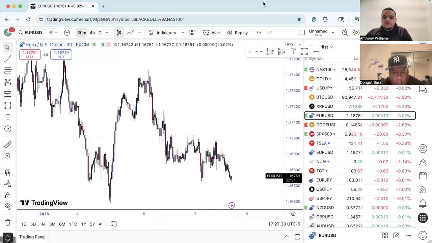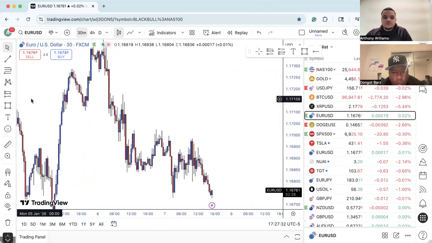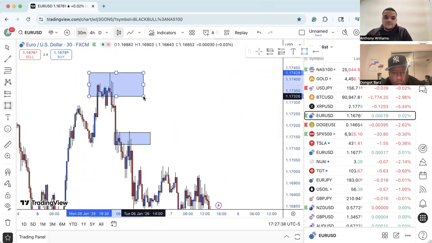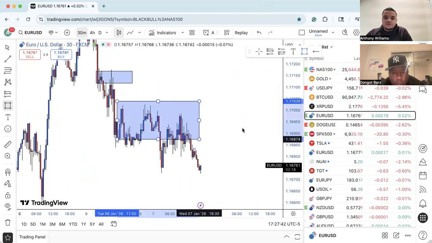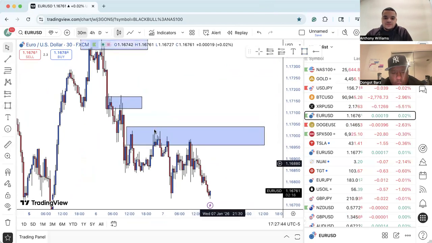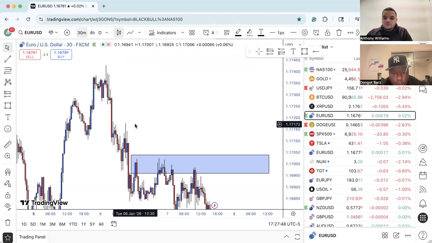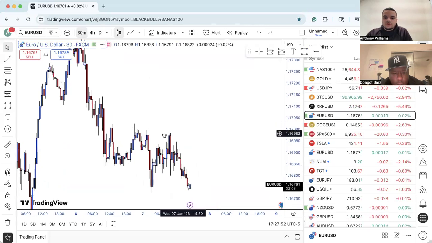Go down to the 30. I'm only looking for sell opportunities, which is basically resistance, resistance, resistance. Since you see all those resistance areas, we don't need all this, because we're only going to be trading where the market is currently.